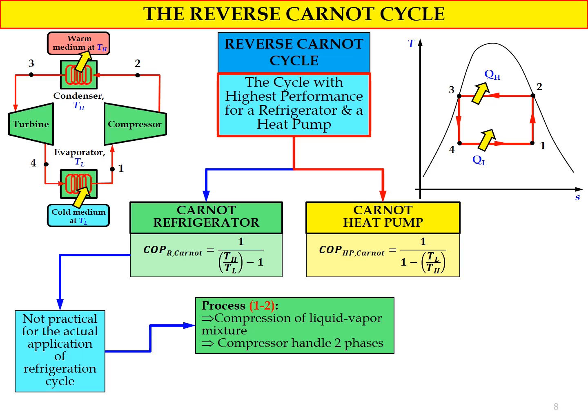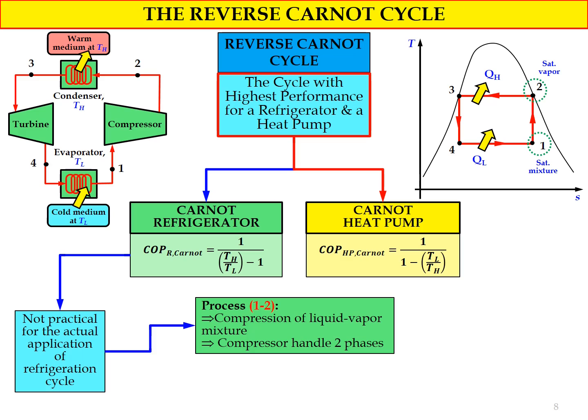If you look at the TS diagram, state number 1 in terms of phase is in the saturated mixture, which means the refrigerant will have 2 phases, the liquid phase and also the vapor phase, and state number 2 is saturated vapor. So throughout the process from state number 1 to state number 2, the compressor has to compress different phases of the refrigerant.